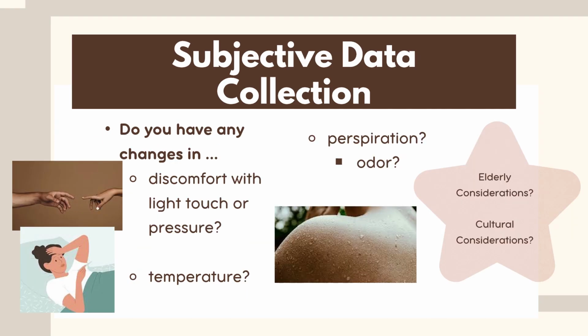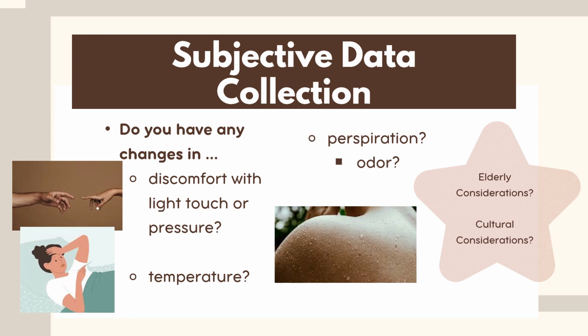So in addition to visual changes in a patient's skin, we also need to ask them if they've had any discomfort with light touch or pressure, if there've been temperature changes, or they feel like their skin's colder or warmer than normal, if there's a change in perspiration, or if they've noticed an odor or maybe no odor at all.